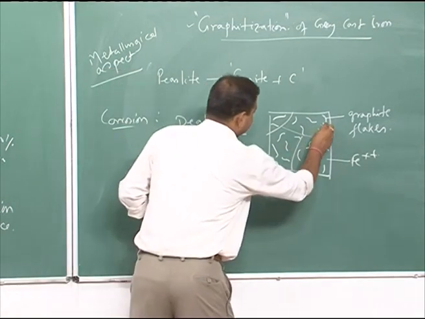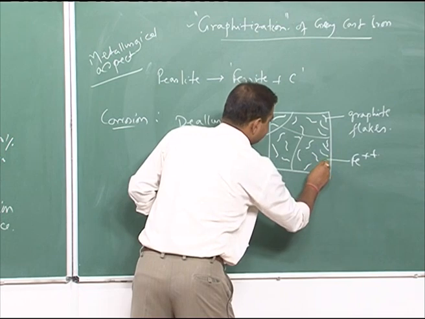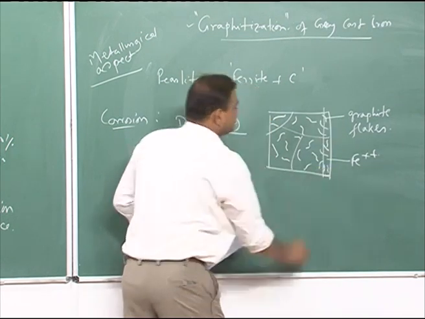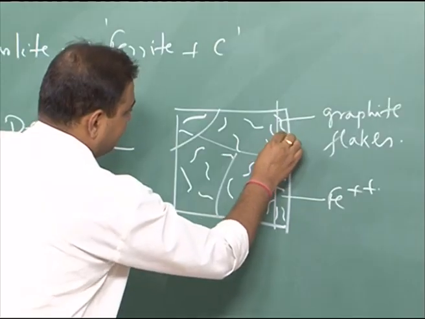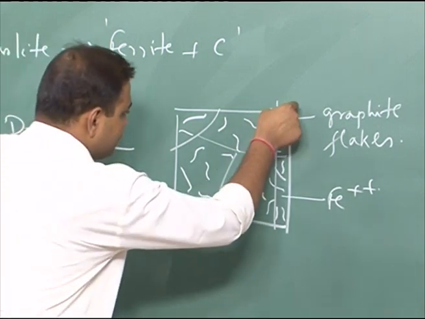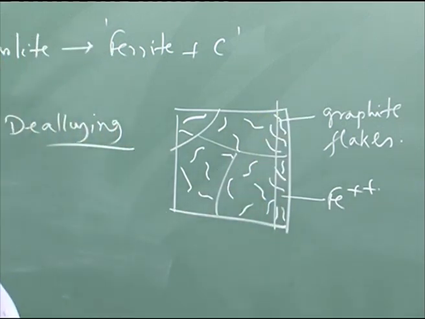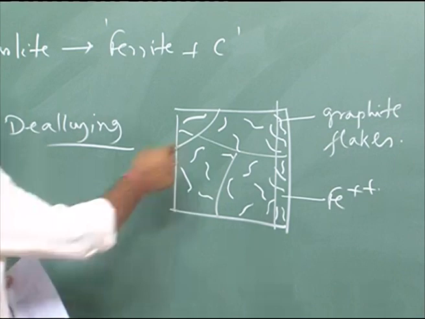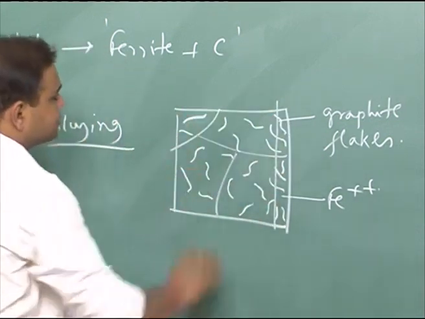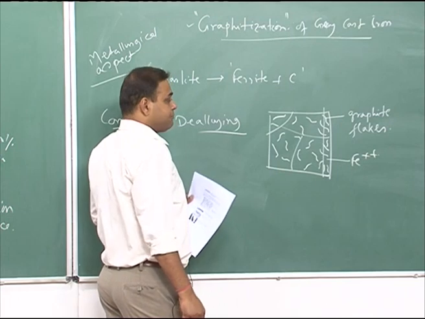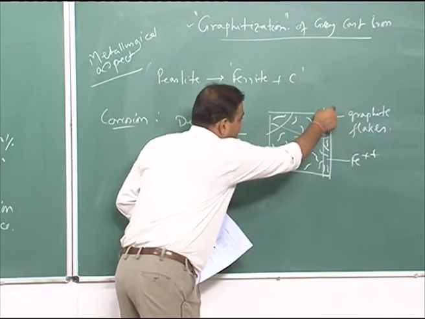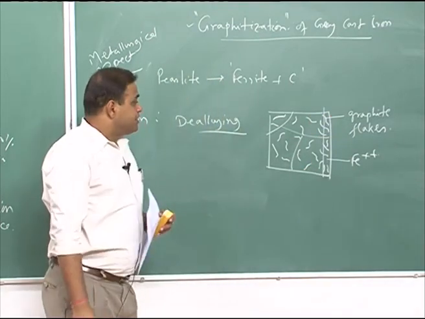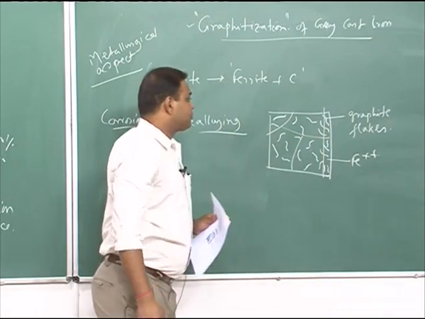Now, these graphite flakes are basically like this. If the iron goes out, the graphite flakes form a network and try to stay attached to the surface. So, there would be a slight change in the surface appearance, but not much change in the surface dimension, because the graphite flakes form a network holding the residue, which is the corrosion product.